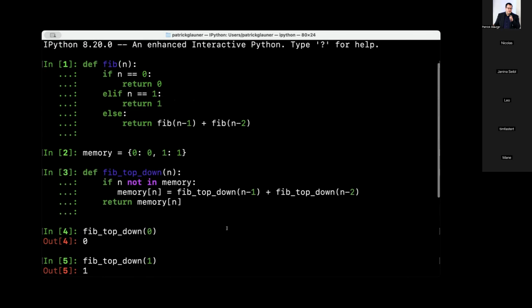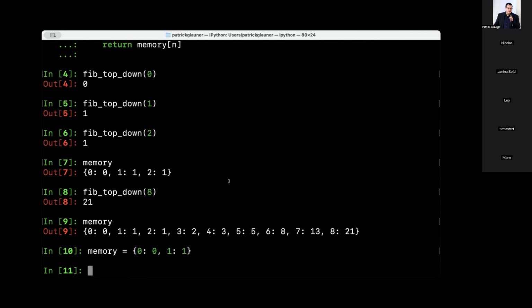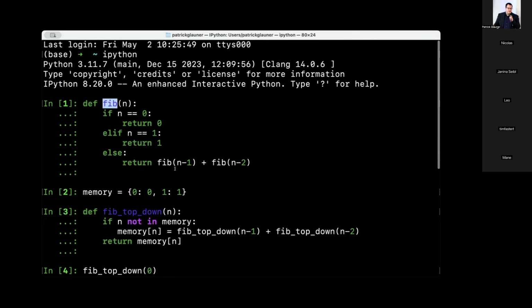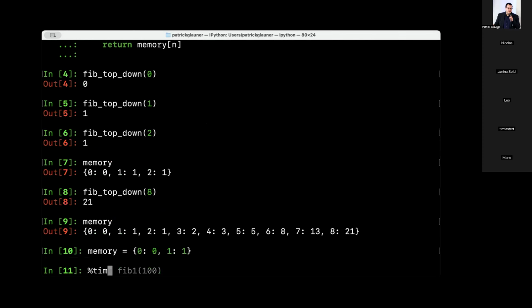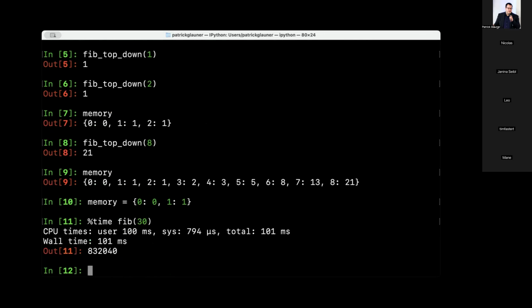And it's super fast. Let's test this, so we have a fair comparison. The memory will just be reset to its initial value. And we can use this time, and we call time fib on 30. So fib is the naive one. It doesn't use any caching, no tricks.